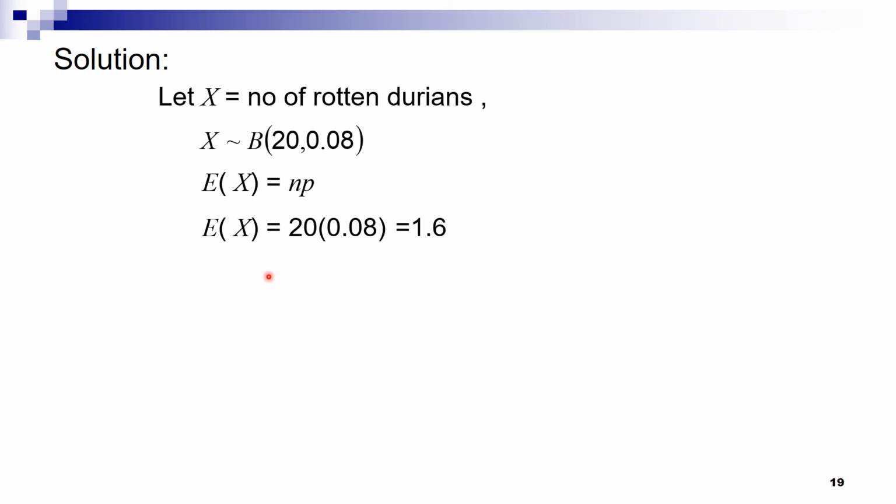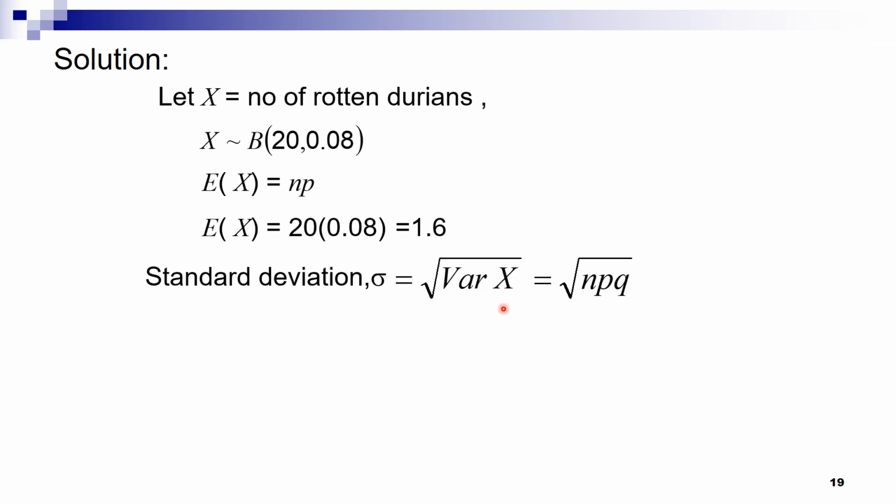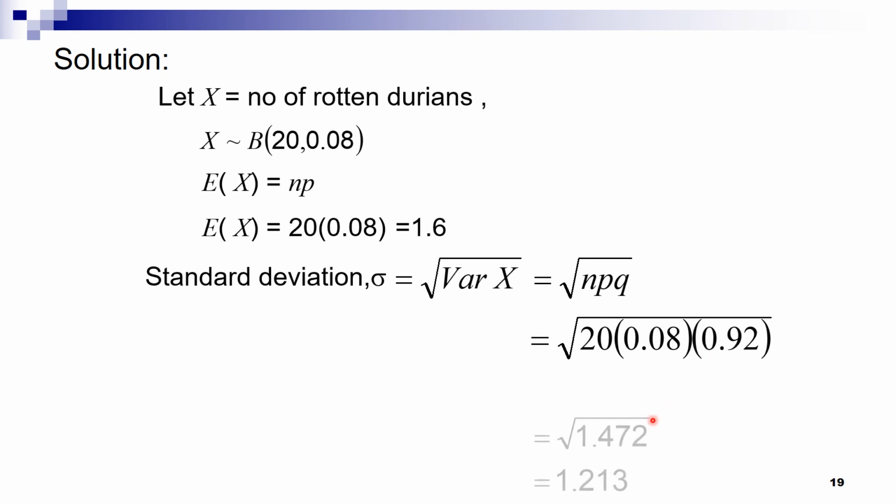Now to get the standard deviation, we find the square root of the variance of x, which is the square root of npq. So you substitute your n as 20, your p as 0.08, and your q as 0.92. Multiplying, you have square root 1.472, and the value is 1.213.